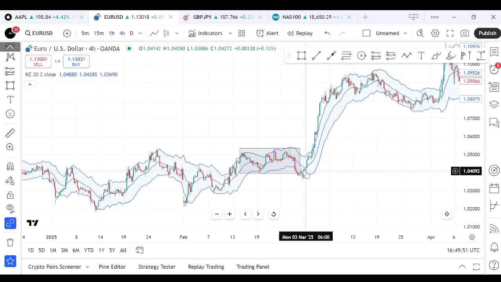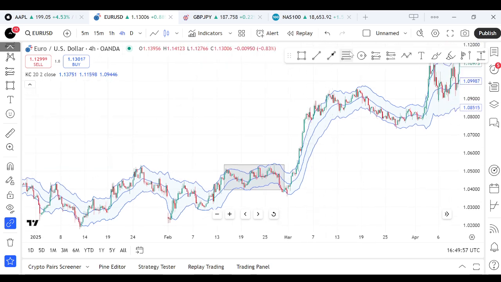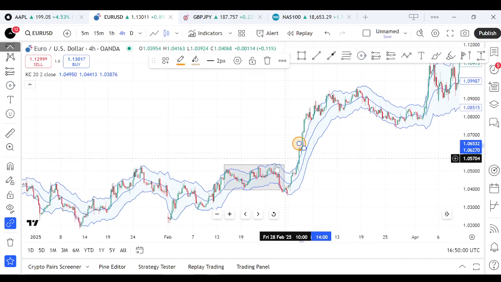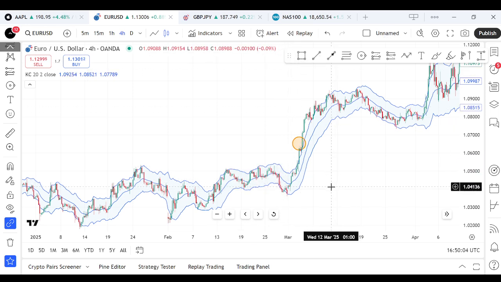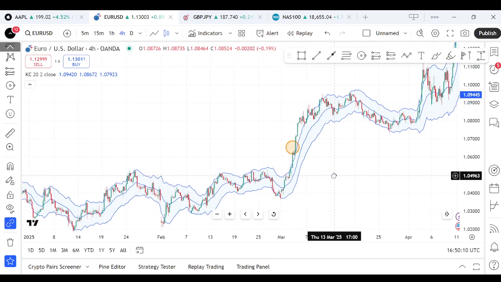Also, the Keltner channel can signal overbought or oversold conditions. When price touches or exceeds the upper line, like you have here, or the lower line, it can indicate overbought or oversold levels. When price touches or breaks below the lower band, it suggests oversold conditions.